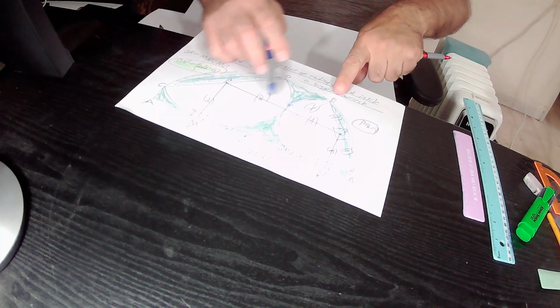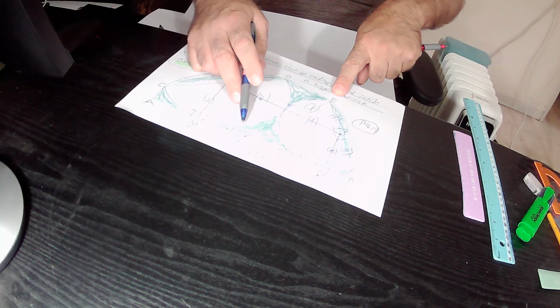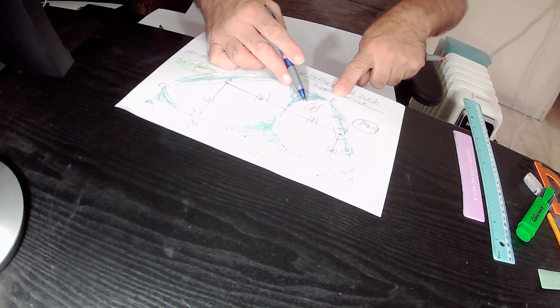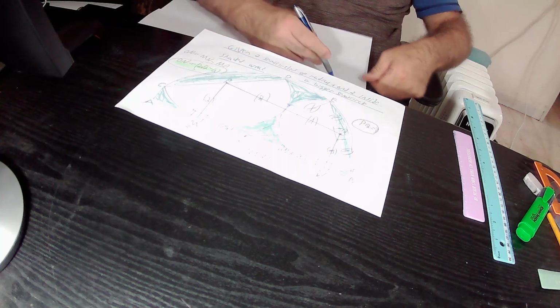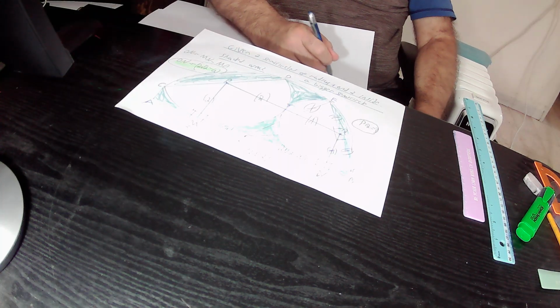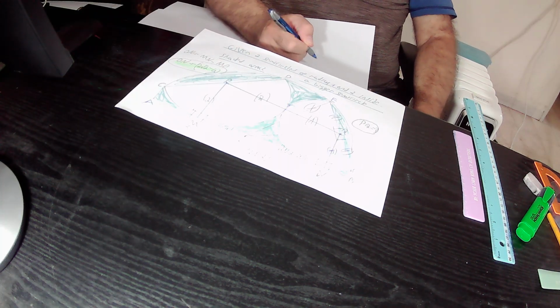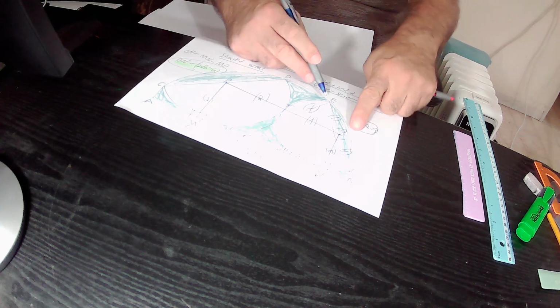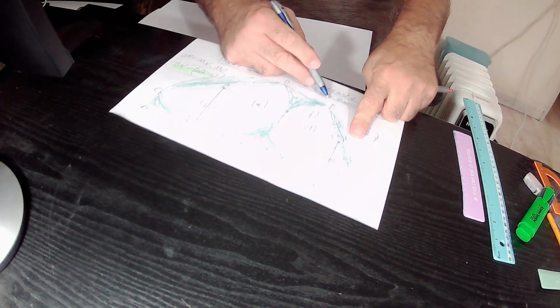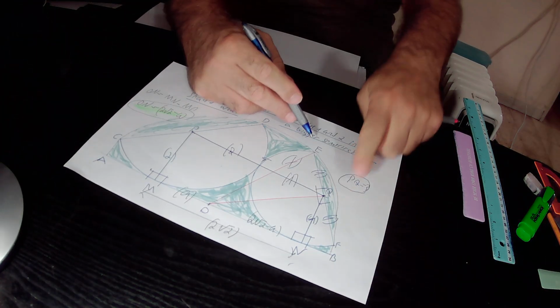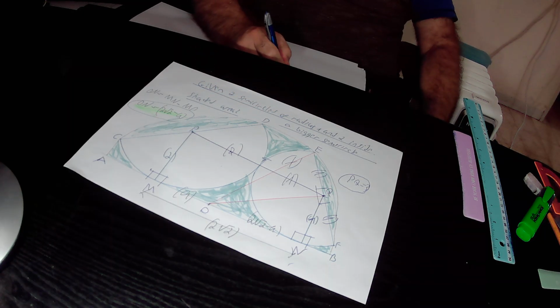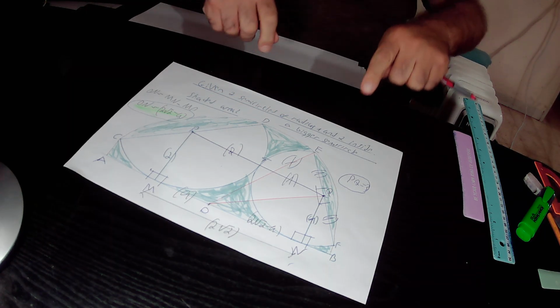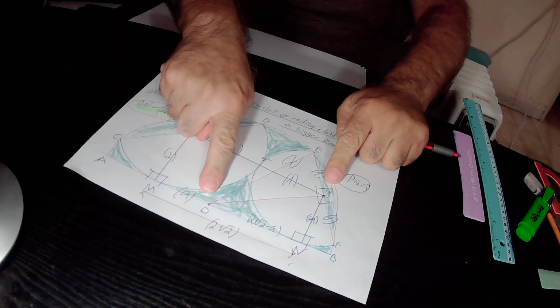The hypotenuse EO is the radius of the biggest semicircle, that is x. Therefore, EO squared is x squared, equals EQ squared. EQ is 1, therefore EQ squared is 1 squared, that is 1, plus QO squared.